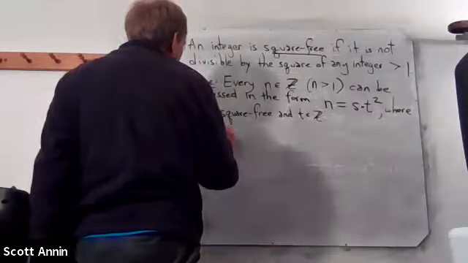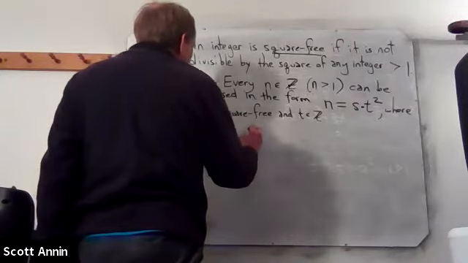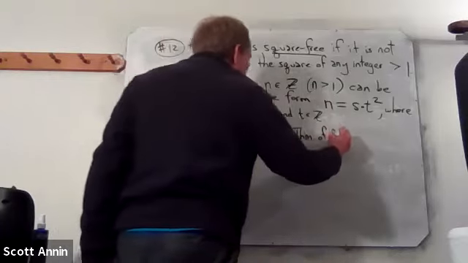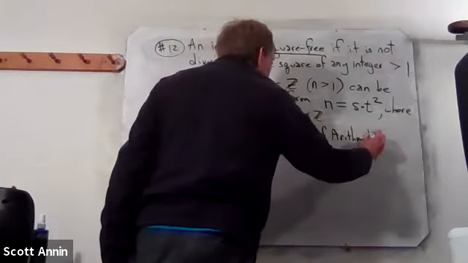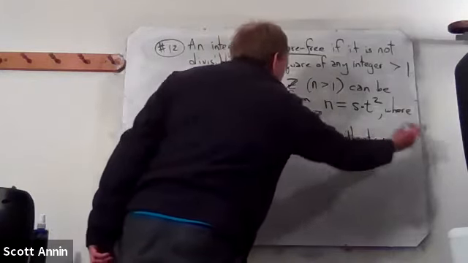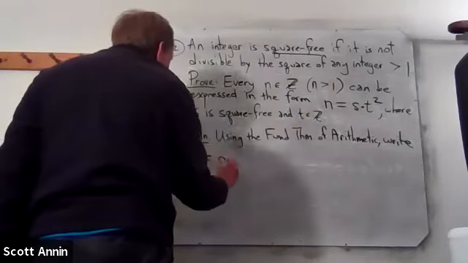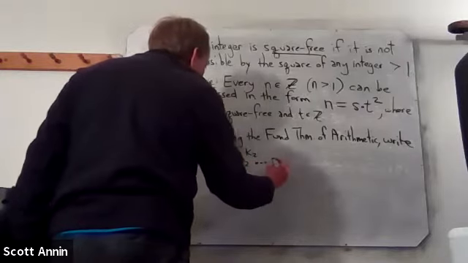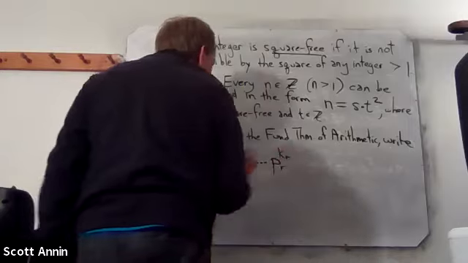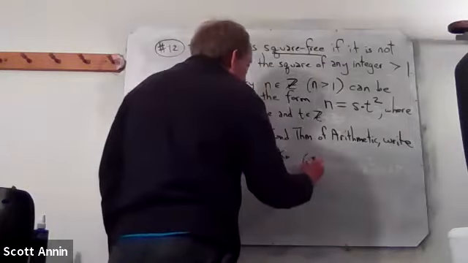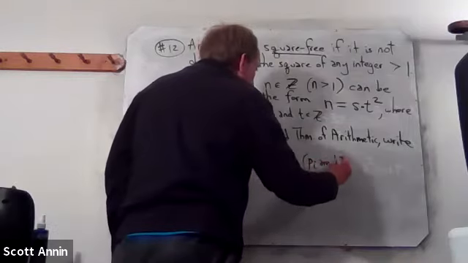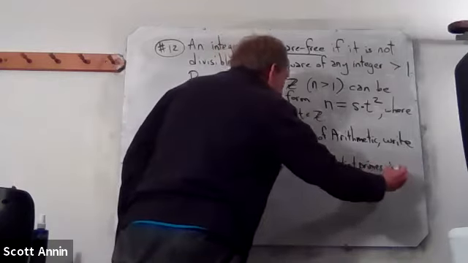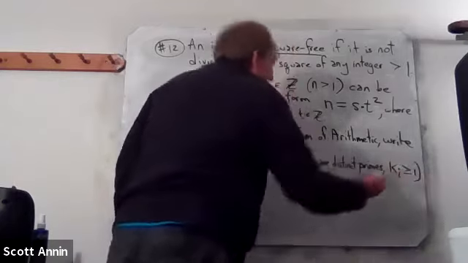Let's, using the fundamental theorem of arithmetic, just write n. I'm going to try and use the same notation that's in the fundamental theorem of arithmetic: p1 to the k1 times p2 to the k2 all the way up to pr to the kr, where the pi's are distinct primes and the k sub i's, well, those are all the exponents of those primes.